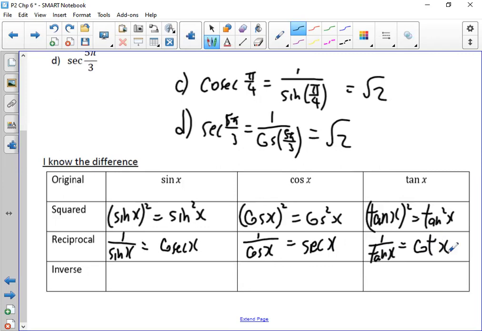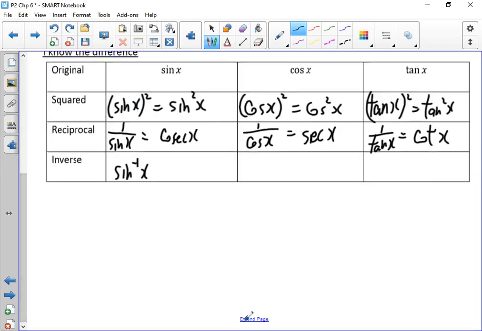Right, inverse. So the inverse, sine inverse of x. Now, just be careful with this one. Students do mix it up with the squared. If you put a -1 in there, this is not the same as sine x to the power of -1. When you put a -1 on top of sine, it means the inverse.